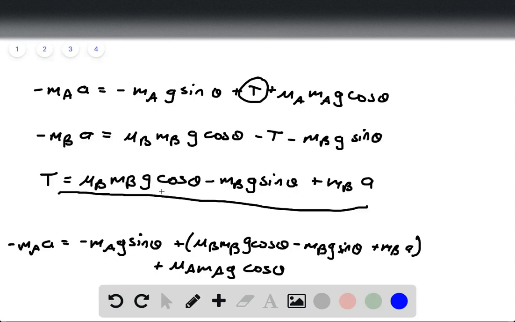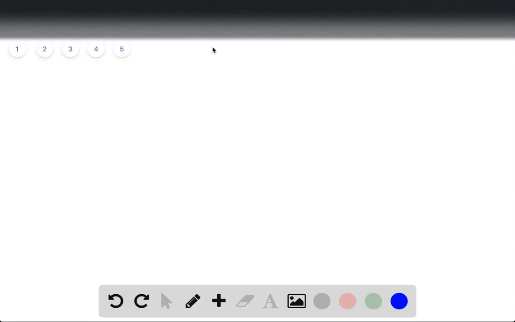So we can rearrange this and group some things together. We're going to want to subtract this term here, so we have A on one side of the equation. So we have MA plus MB.